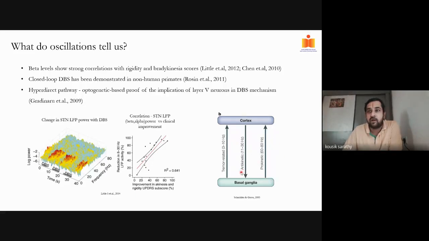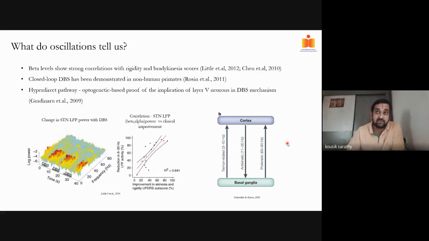Beta oscillations seem to be antikinetic, and oscillations in the sub-alpha or lower alpha bands seem to be related to tremor. So we can see an intricate link between behavior and oscillations, which means we can now study oscillations to understand what might happen to the behavior.